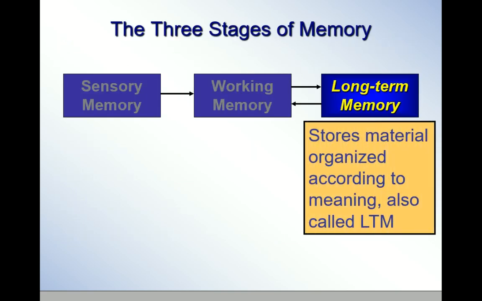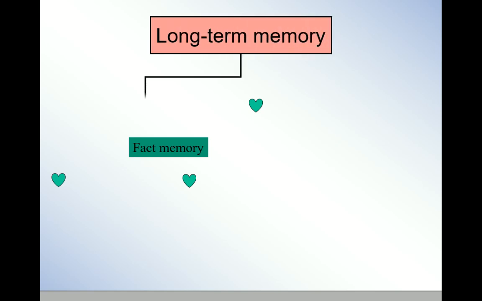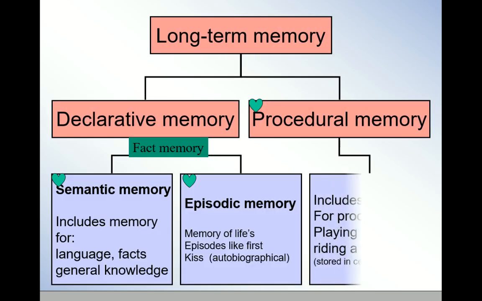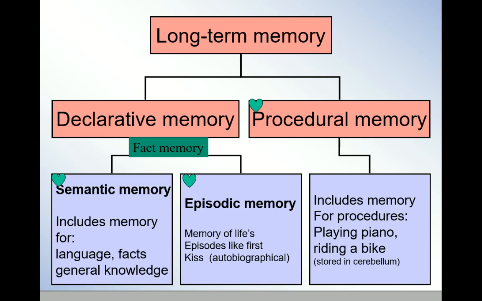And finally, long-term memory. Okay, you need to have the words where I have a heart next to it memorized. Semantic memory, we've already talked about semantic. Think of it as the meaning or the definition of words. Language, facts, general knowledge. Episodic memory, think of your life as a TV show, and your first kiss is like an episode of your life.